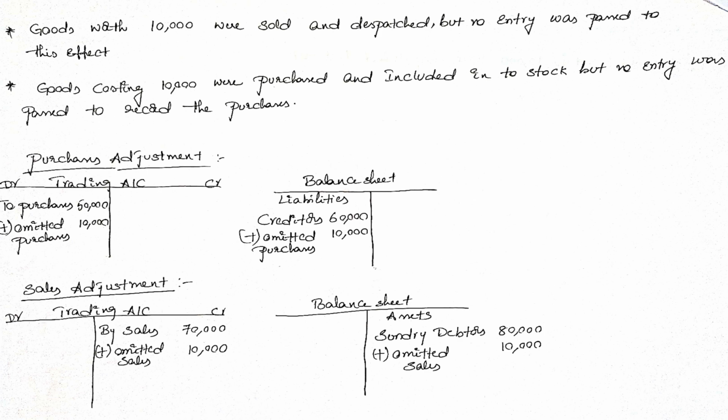And also we will add these omitted purchases to the sundry creditors amount on the liability side of the balance sheet. For sales adjustment, we will add this omitted sales to the sales amount on the credit side of the trading account. And also we will add this omitted sales amount to the sundry debtors amount on the asset side of the balance sheet.